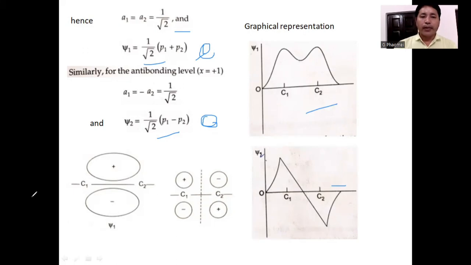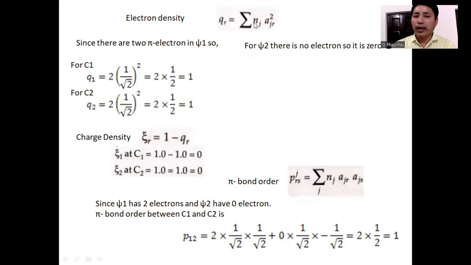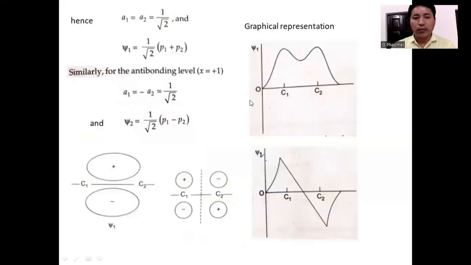So from these wave functions, now we can determine the electron density, as we know the electron density formula is n into A square. Here n is the number of electrons. In psi 1, n is 2, because there are 2 electrons. In psi 2, n is 0, there is no electron. This is carbon 1, and this is carbon 2.